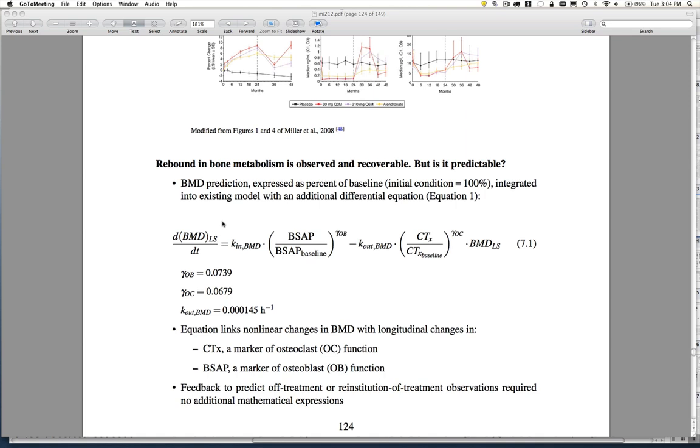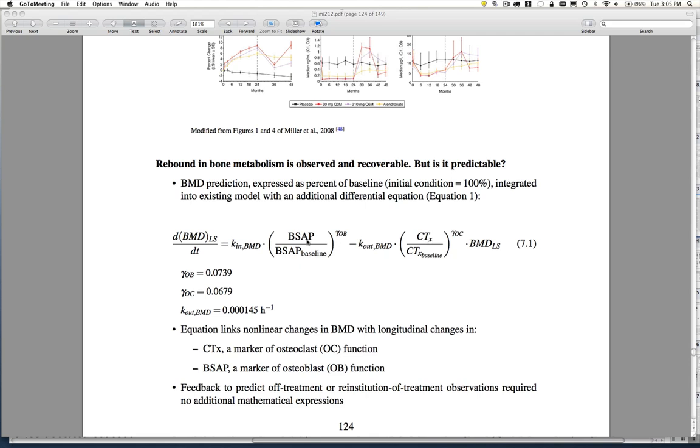And so this was an extension of the model from the publication from earlier this year, where we developed some additional differential equations describing lumbar spine BMD. The formation rate here was being driven by the relative change in the bone-specific alk phos as a marker of the osteoblast function, and CTX is a marker of the osteoclast function.